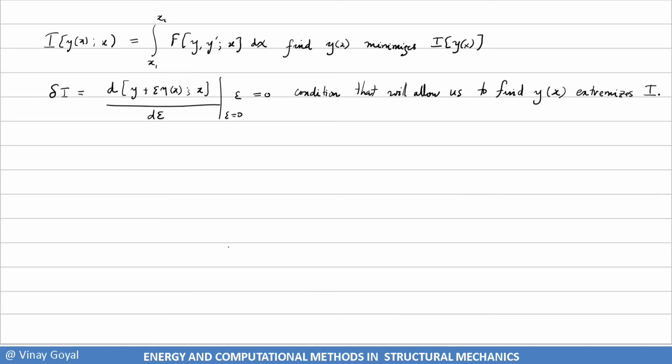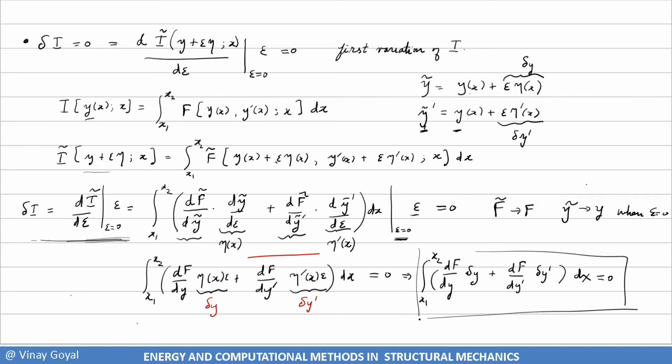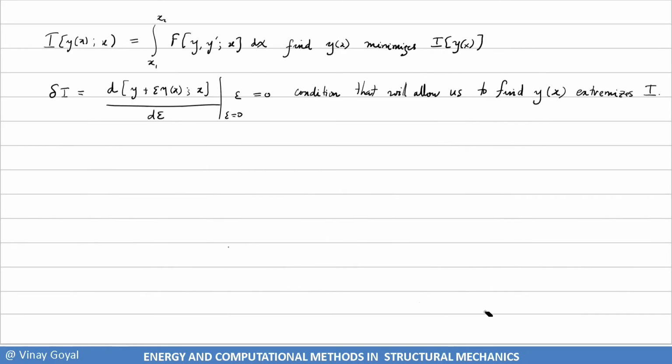So after I took the first variation of I, I end up with this expression right here. Please take note of that because I'll be using this expression. Now I'll get started trying to determine how to get there. I found that the first variation of I was this.